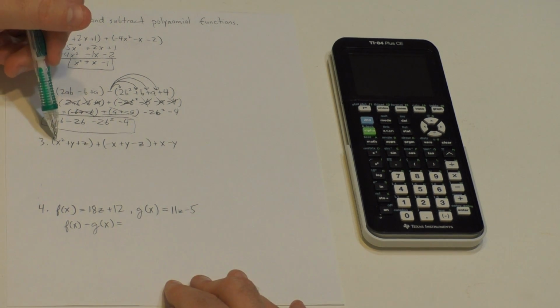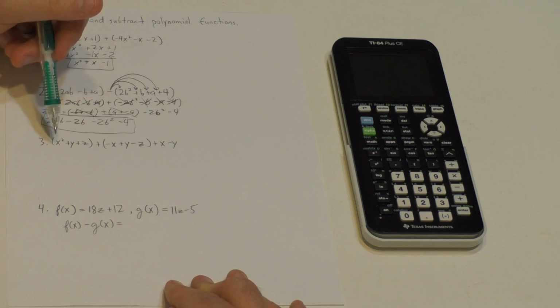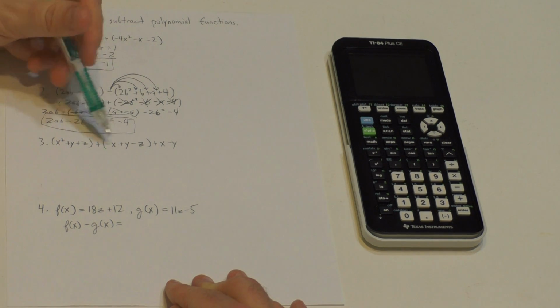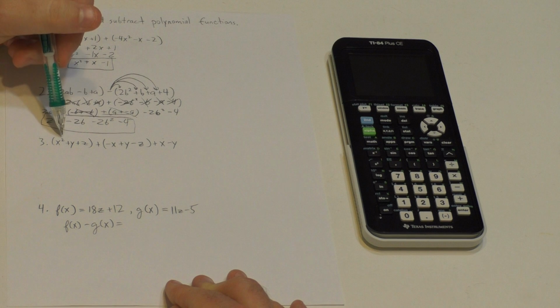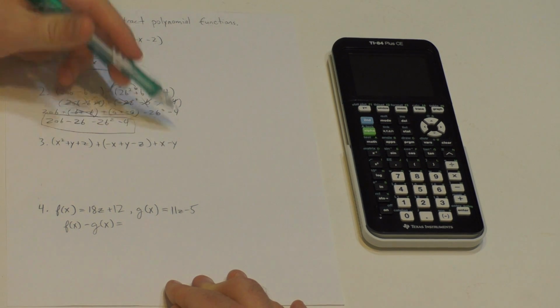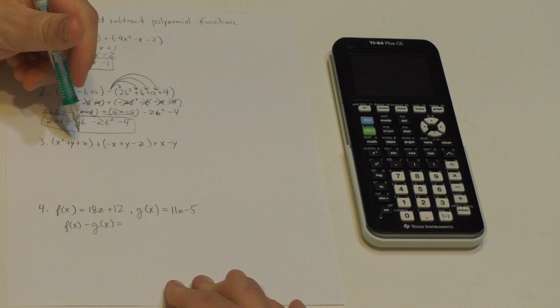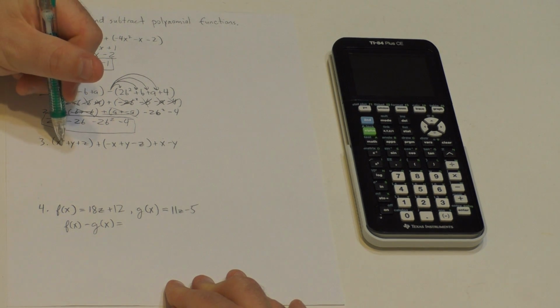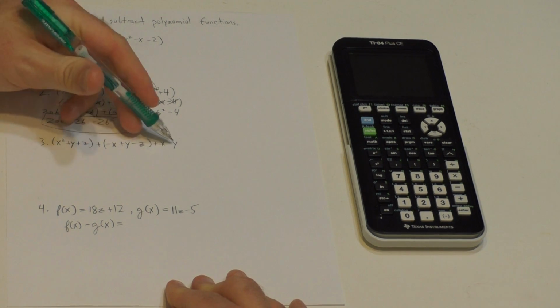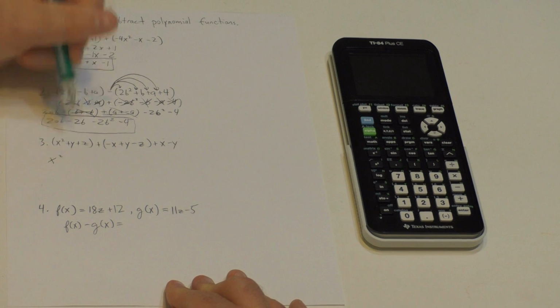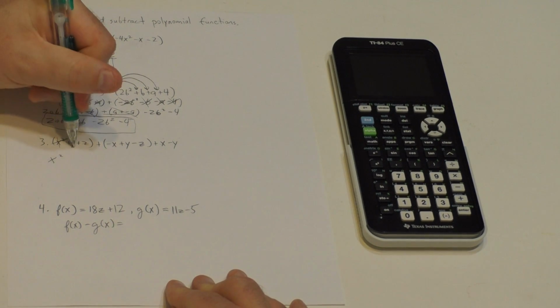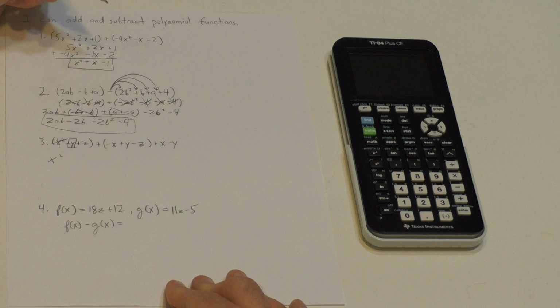All right, now this one, we've got two polynomials and two little terms in the end here. So I'm going to show you guys another method where I'm going to just use a triangle or a box for each of our like terms. So I've got an x squared by itself here. There's no other x squared, so let me just go ahead and bring down x squared. All right, I'm going to put a box around any y's that I see.